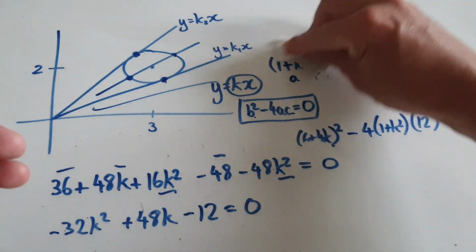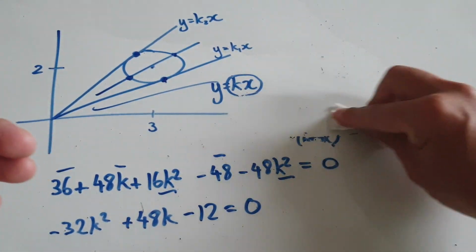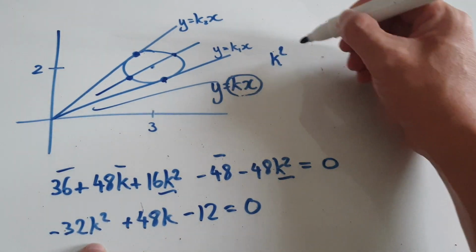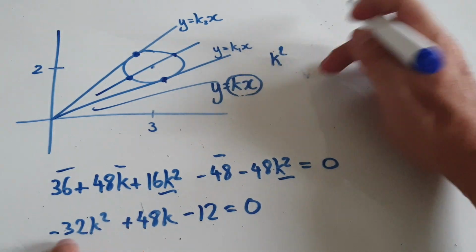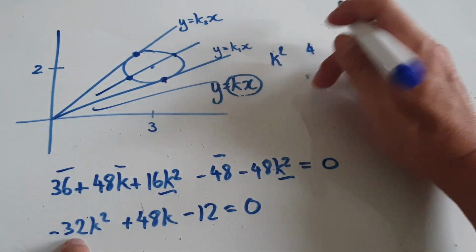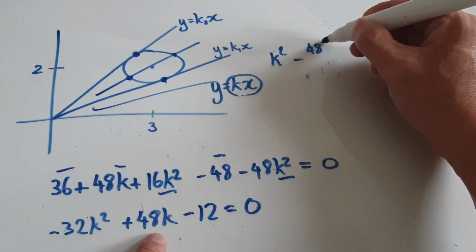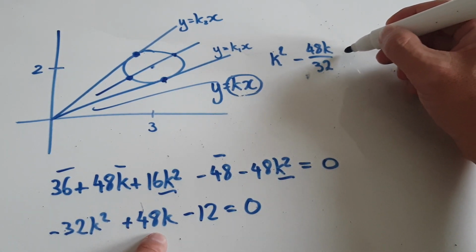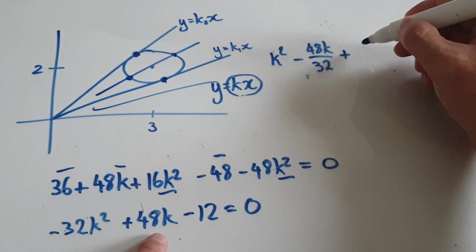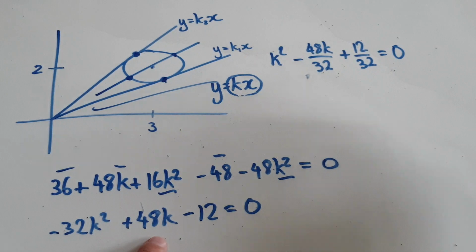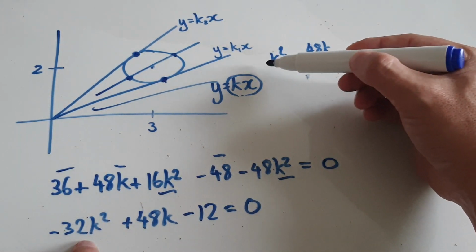So that will then give us k squared plus, because we're dividing everything by negative 32, it's going to be plus 48k over 32, and then plus 12 over 32 equals 0. So we're simply dividing everything by negative 32 so that the coefficient is 1.